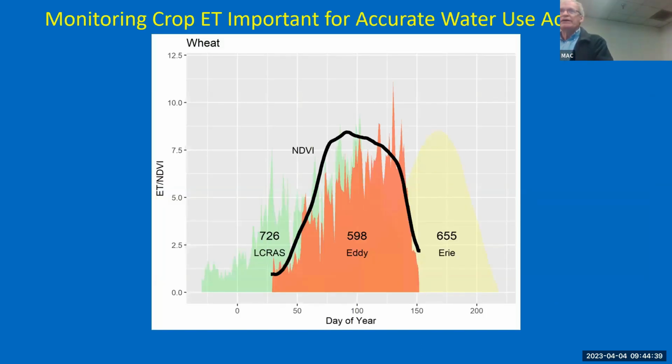Well, what's the bottom line of all this? This graph illustrates what I think one of the bottom lines is. Use of remote sensing, backed up by Eddy covariance, changes the story of how much water is being used by crops. The green is what Reclamation has used under what they call LCRAS. The yellow is the Leonard Erie data from the 1960s, 70s.